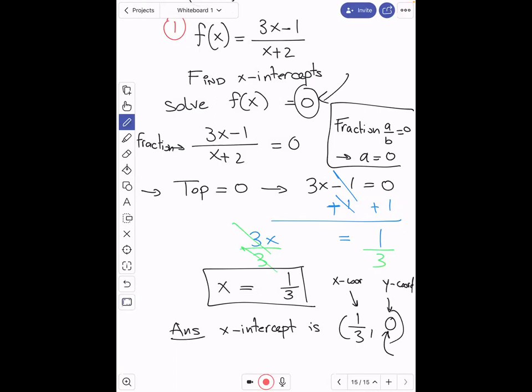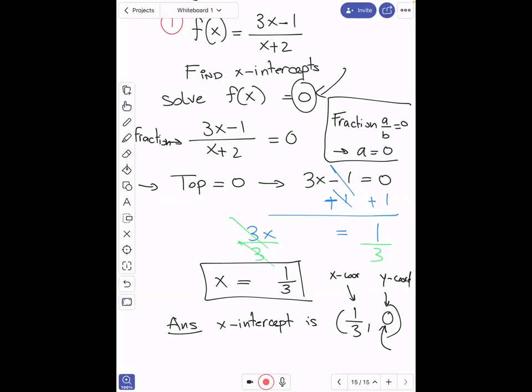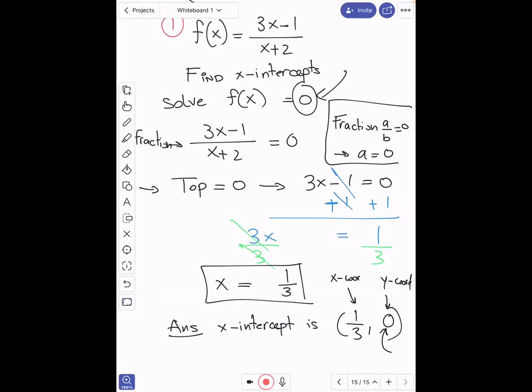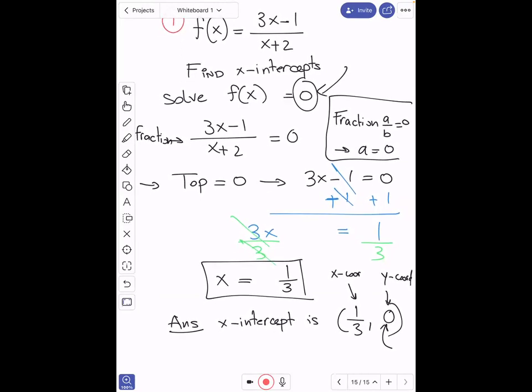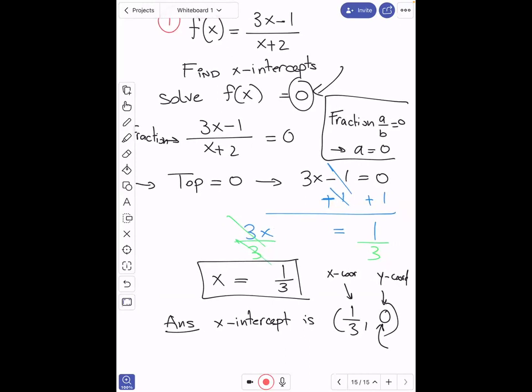And we said the y is always 0 for the x-intercept, because when you intersect the x-axis, your y-coordinate, the level y, is always 0. Oh, so y is always 0. Yeah, absolutely.